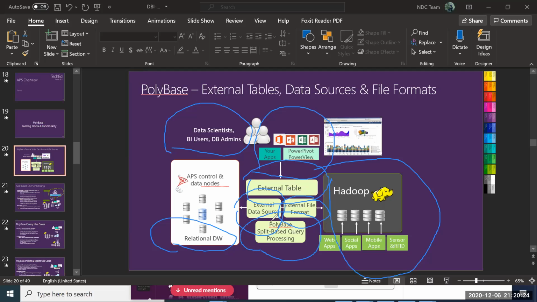So it sits in between. You can connect to the data source from the data warehouse, from Hadoop, or from your Excel, your Access, and Power BI, of course, to query and gather the information in one place and make it happen. Next.